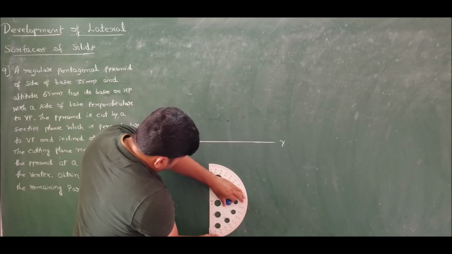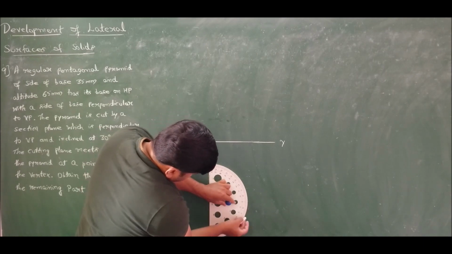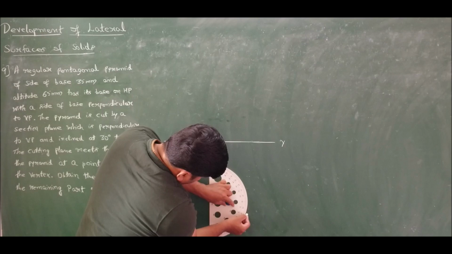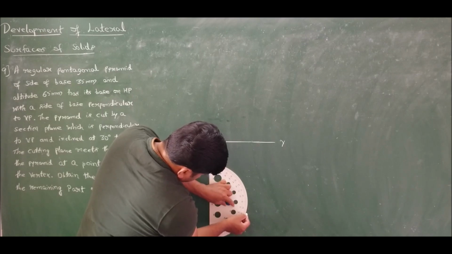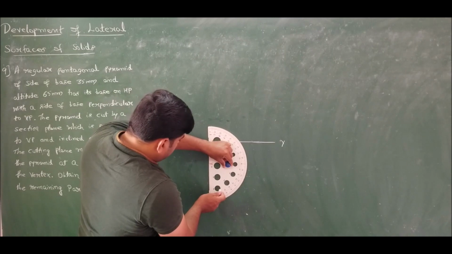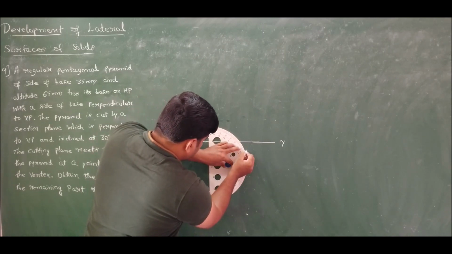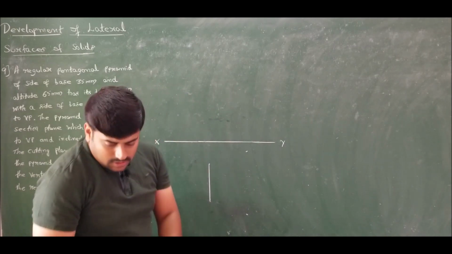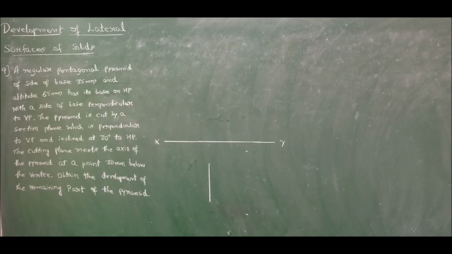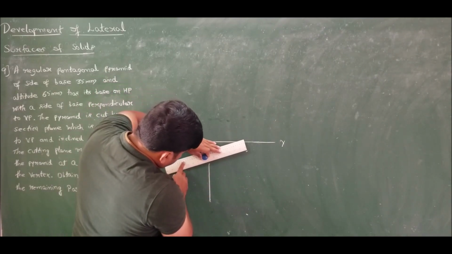So mark 108 degrees interior, 72 exterior, and then draw the line for the required dimension.